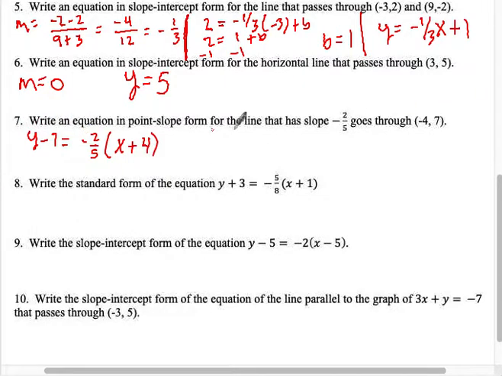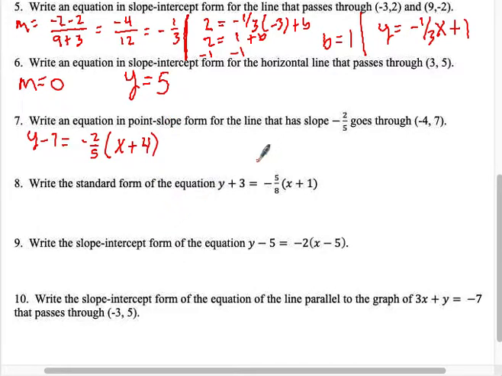Y minus 7 equals -2/5 x plus 4. Guys, that's in point slope form. We don't do anything else to that. I don't want you to do anything else to that. I want it written in point slope form.